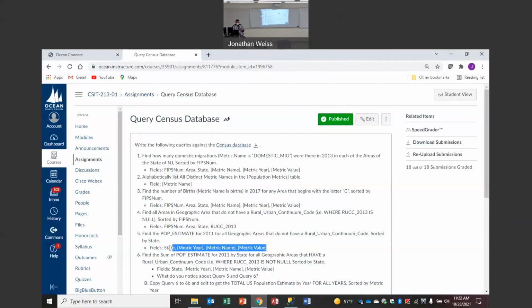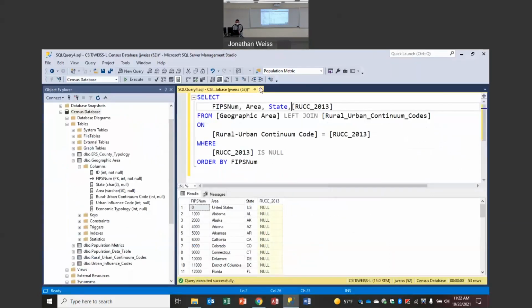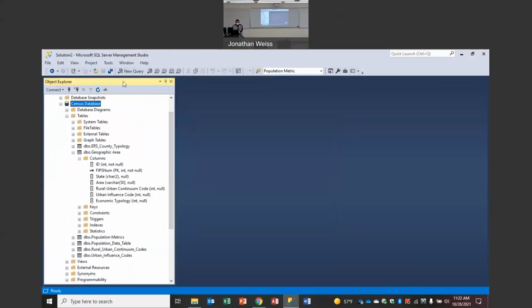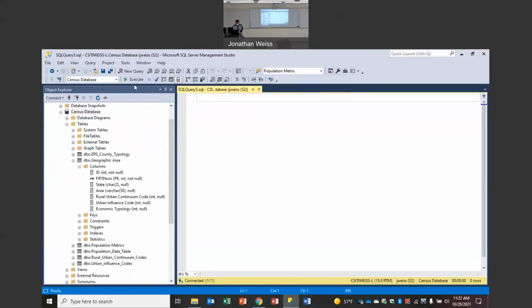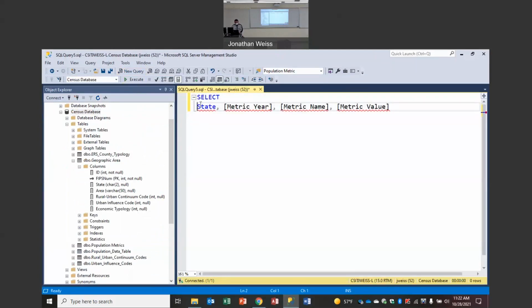And the fields we need are these fields here. So let's copy those. I'm showing you the lazy man's way to write SQL from this assignment. I copy and paste as much as I can. So I put my select there, and these are the fields I need. And I see that these fields are in geographic area and population metrics.